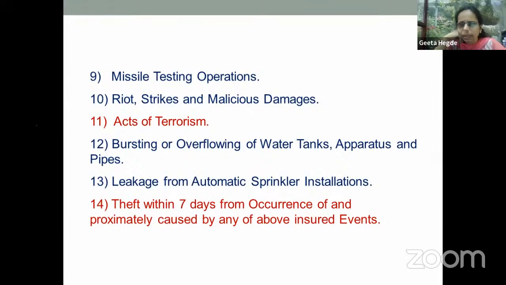Take one example. There is one factory. The total sum insured, including building and machinery, is 55 crores. But covering the building under one policy and machinery under another policy, still if it is 55 crores, then it is beyond your Laghu policy.